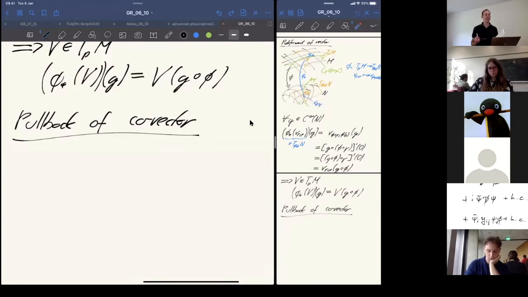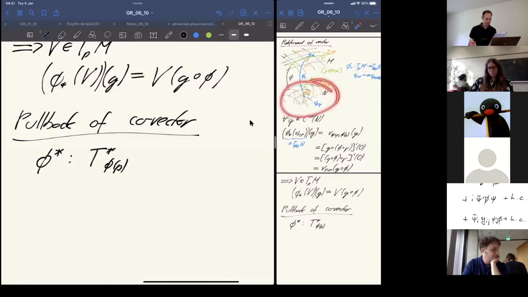But for covectors, so a covector is an element of the dual space of T star pM. For them, it's exactly the opposite. So we will define a pullback, and the pullback has the star upstairs. And this is now a map from T star phi of p. So it starts from the lower one, but it doesn't start from the tangent space, but from the cotangent space that I introduced last time.